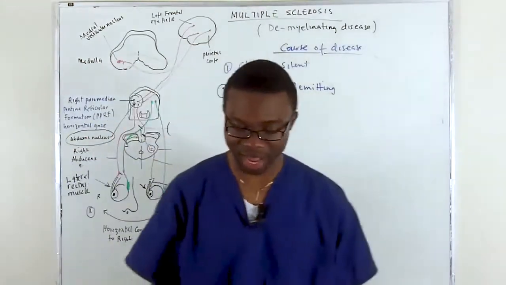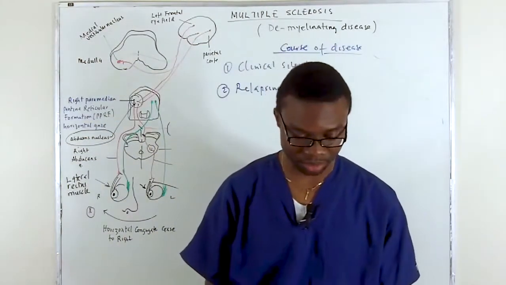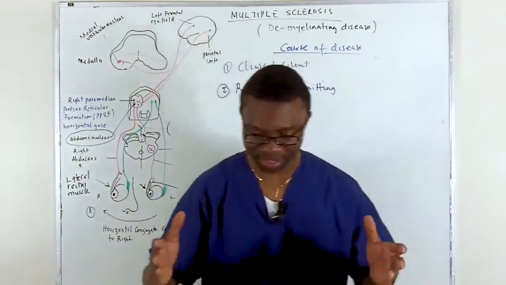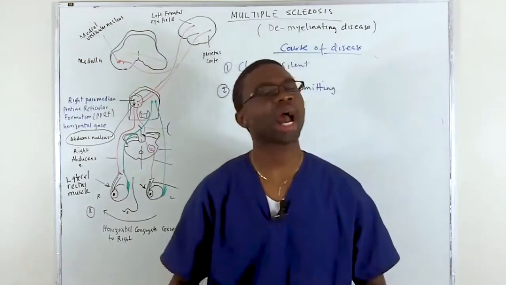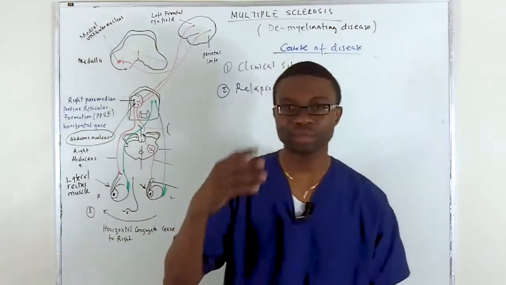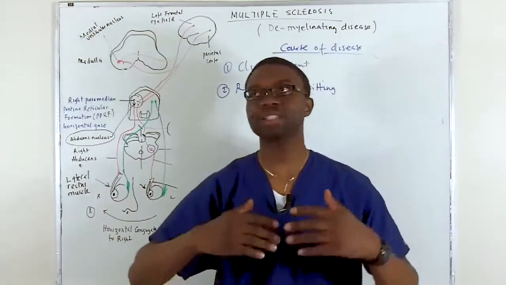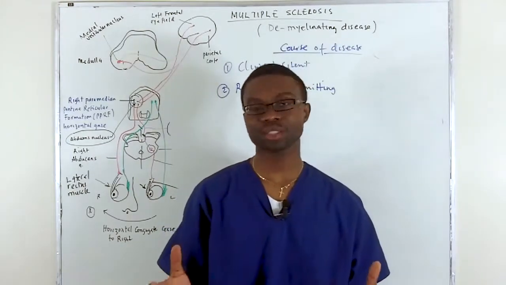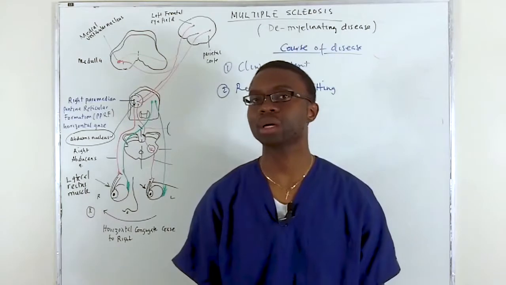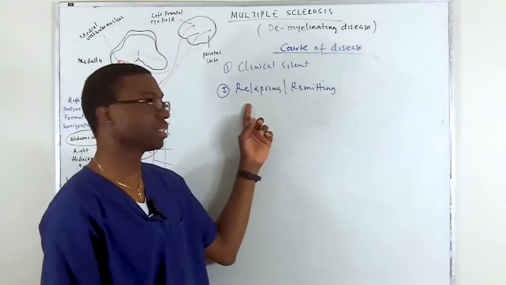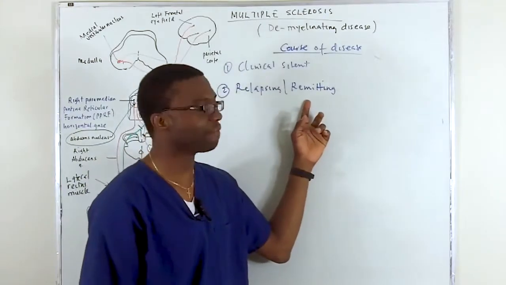So when patients start to have a lot of symptoms whereby they have an exacerbation of the disease, they might say, you know what, during the winter, I get a lot of weakness, a lot of numbness, a lot of blurred vision, and it's lasting for weeks. And then as the weather starts to change, I feel better. You're like, so it was relapsing, it came on, and during the summer, I feel great.